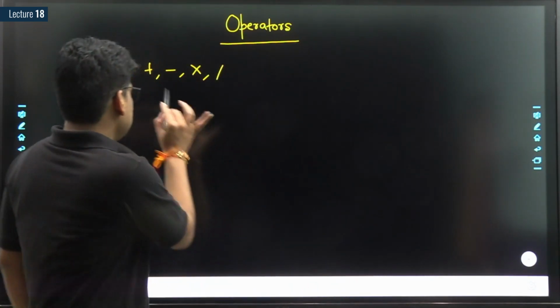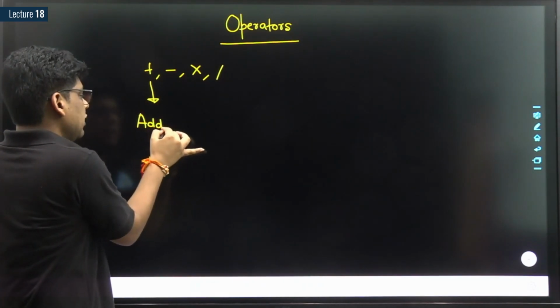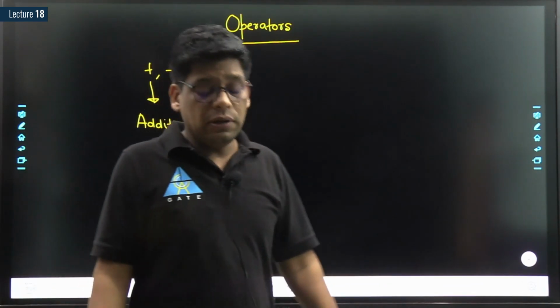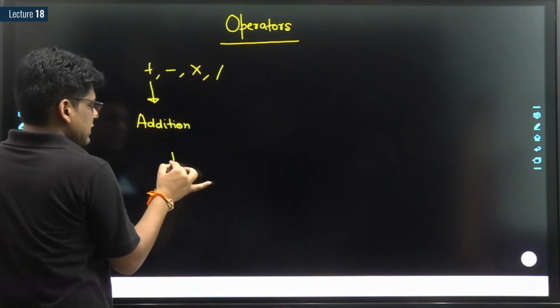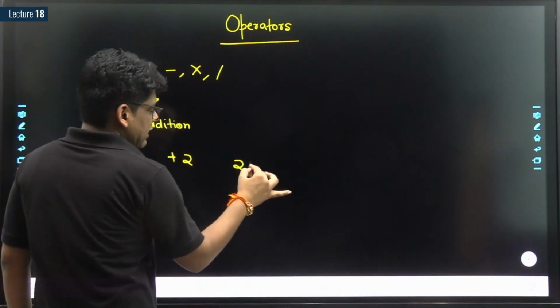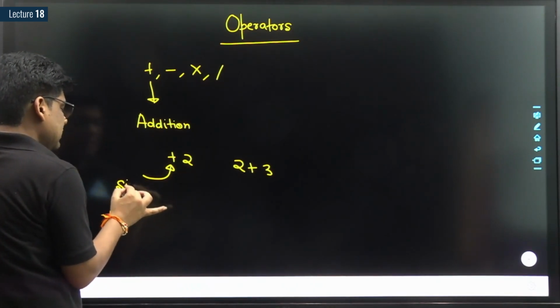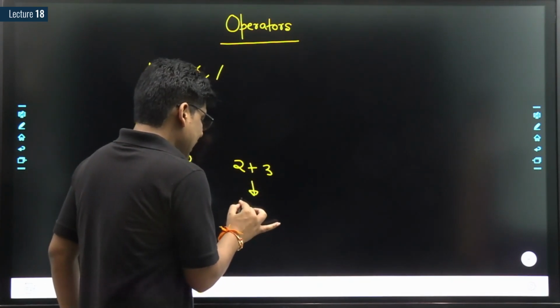This symbol performs addition. Sometimes it may also work as a sign, because for example, if I say plus 2, and if I say 2 plus 3, here this plus is working as a sign, but here it is working as addition.